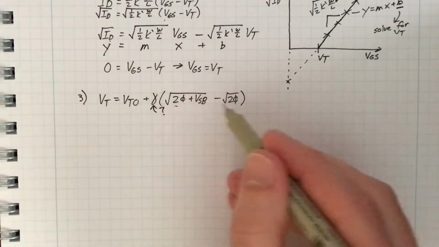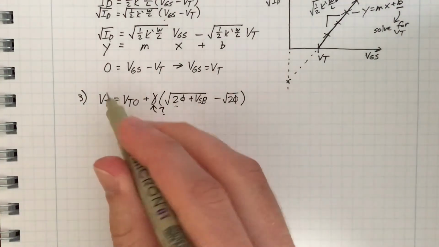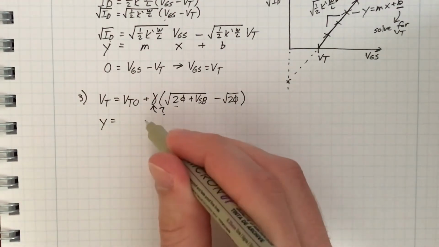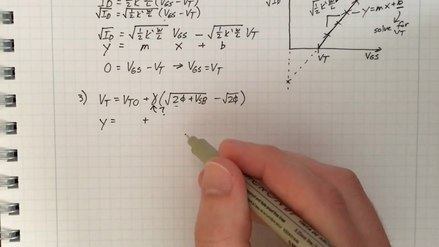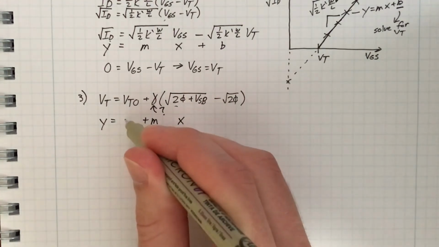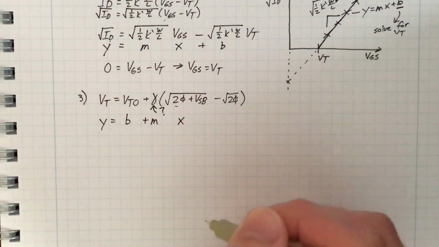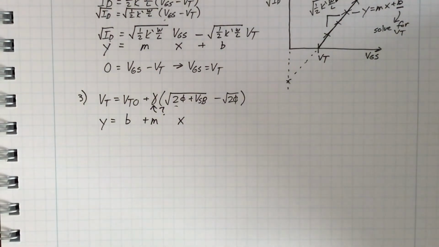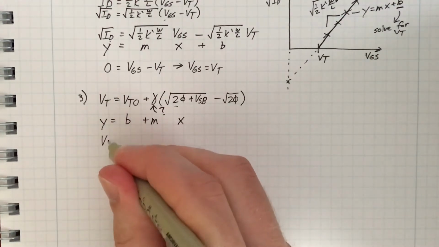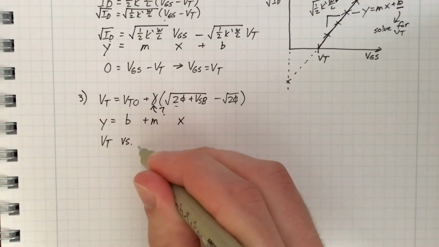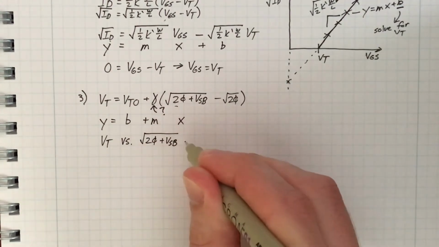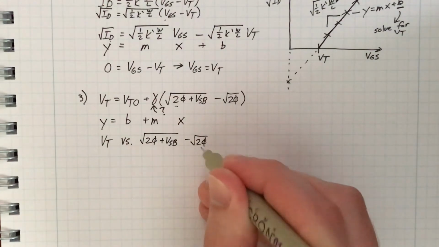Now if we consider this another straight line equation, we have y equal to mx, and VTO is the b term here. So x is what we're going to plot against. We want to plot VT versus the square root of 2 phi plus VSB minus the square root of 2 phi.